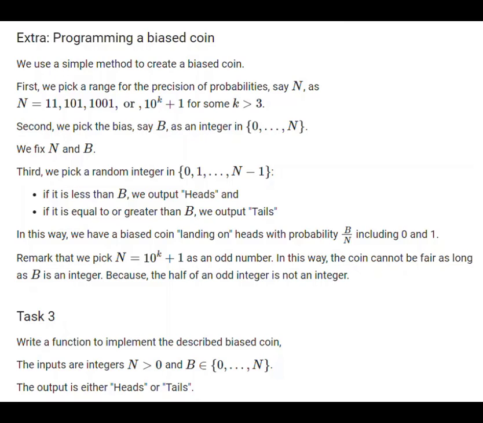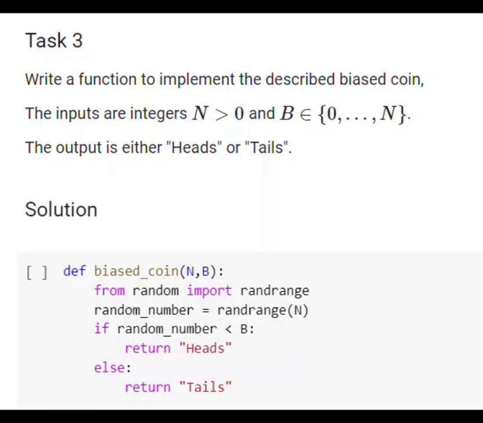Let's peek at the solution. Let's explain the solution for task 3. def is the reserved word for defining a function, and this function is named biased_coin, which takes two inputs, n and b. And again, we import rand range from the library random and use it to choose a random number from 0 to n-1.